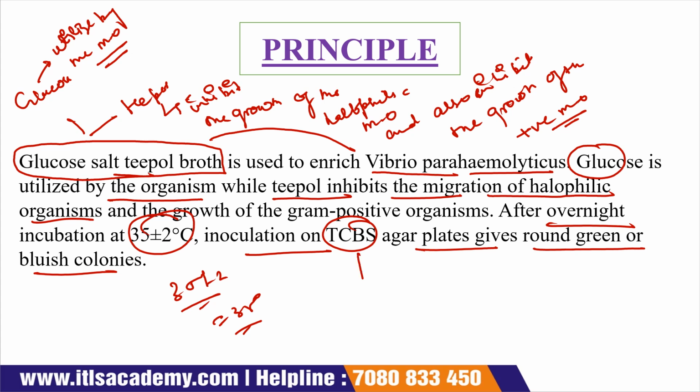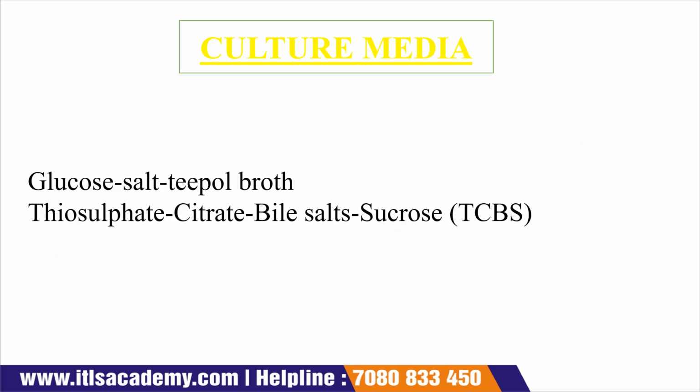This TCBS agar plate gives the confirmation for this species, and the confirmatory colonies are round green or bluish. So this is the principle on which this experiment is based.